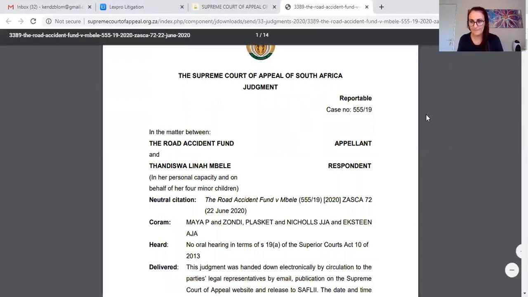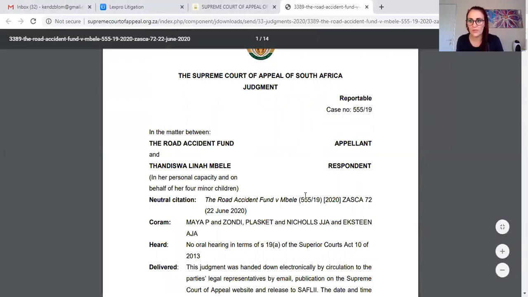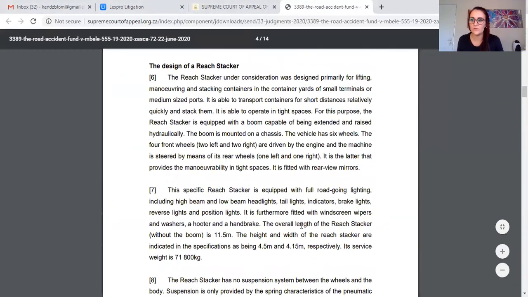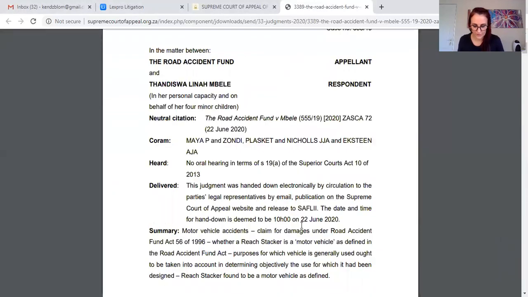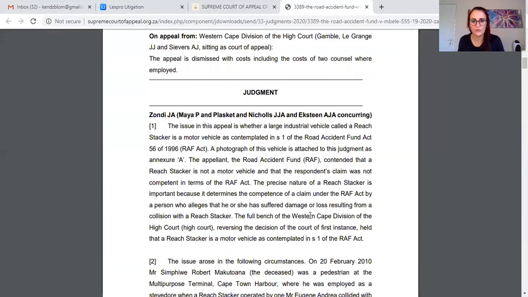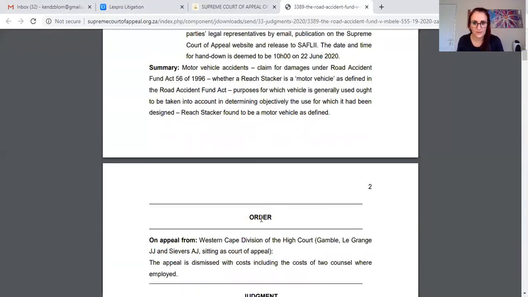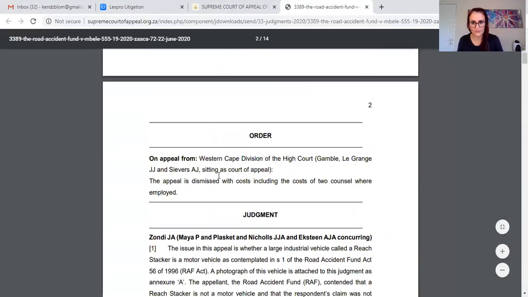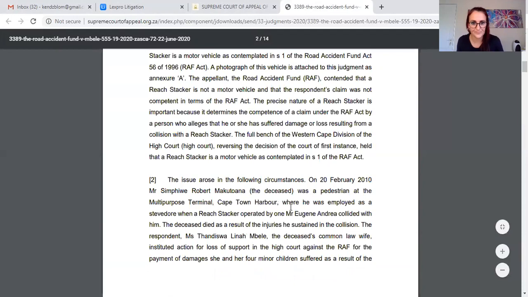Okay, so normally when we get a 14-15 page judgment like this, the first thing we do is scan through the judgment. As you can see, I'm skimming over it. I can see that there is a court order here that was given, and here's the whole judgment. Here it tells me that this matter was heard in the Western Cape Division.